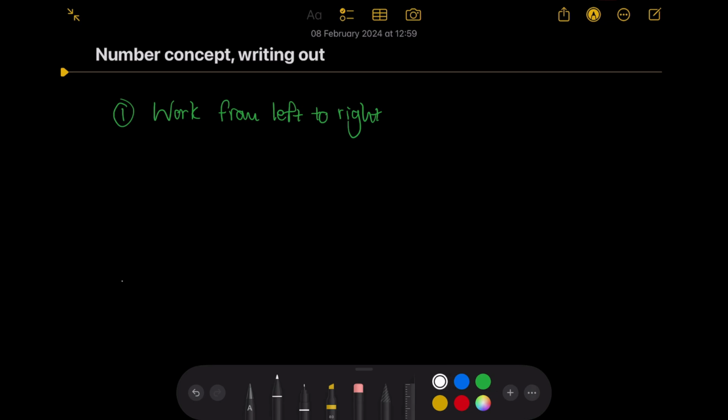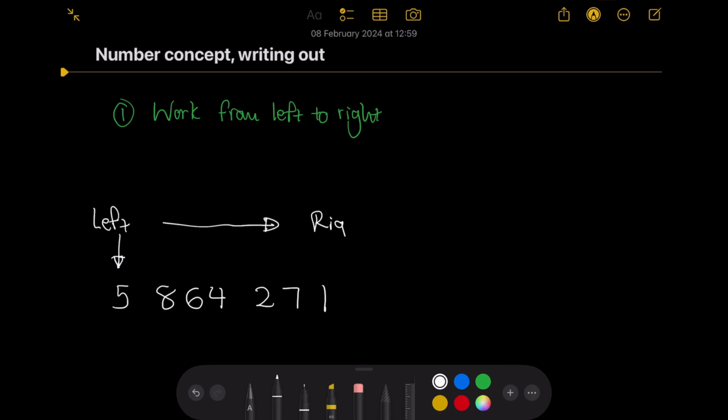So when we think about a number, for example, let me just write out this number. Whenever you actually say this number, you'd always start from your leftmost side, and then you'd work towards your right.